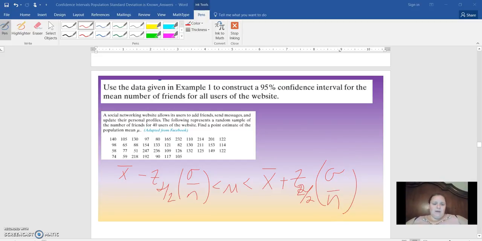So x bar, that's our average, z alpha over 2, 95%, so it'll be 1.96. Sigma, we're going to use that 53. And n is 40. When we did this earlier, we got 125.3.